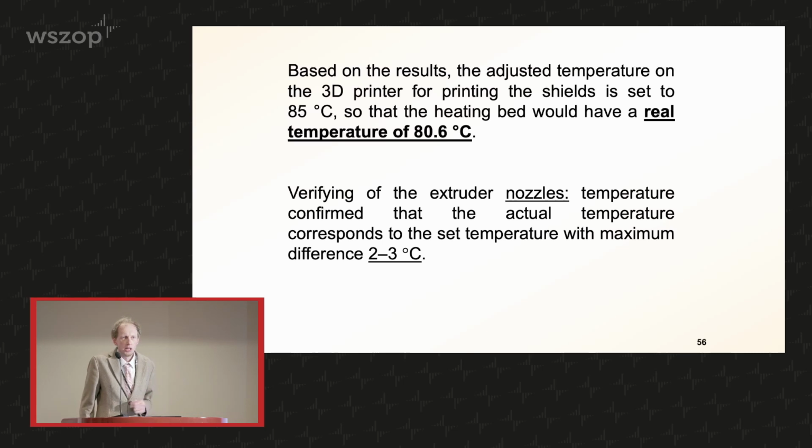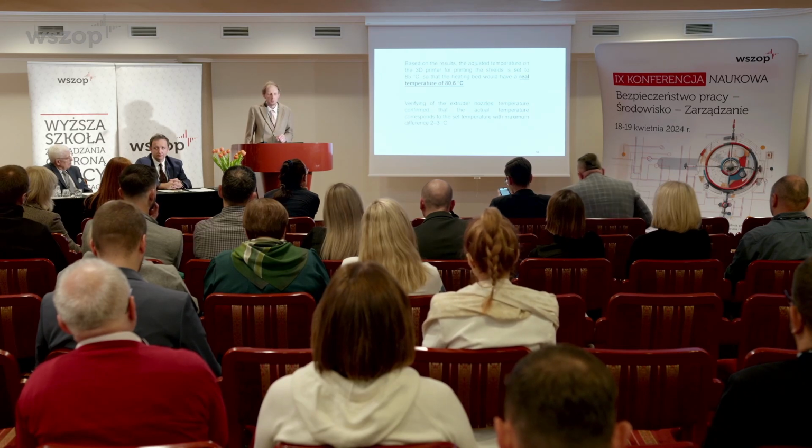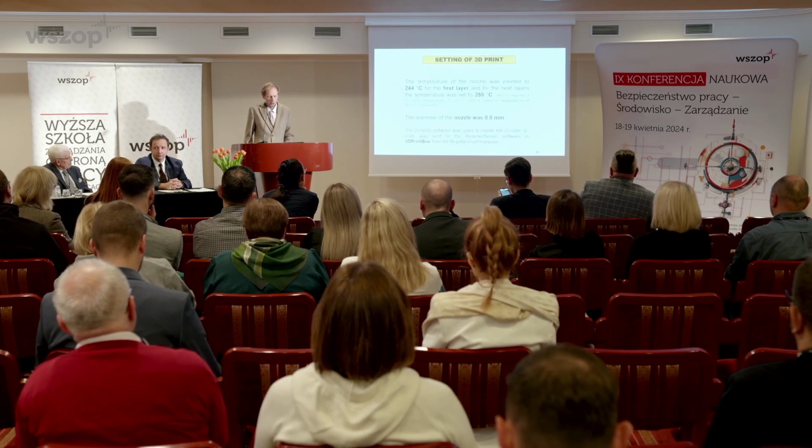This is optimum for obtaining high quality 3D products. And as a second step, I use the same verification analysis via thermal camera for nozzles. And for nozzles, it's very good because the maximum difference was only 2-3 degrees Celsius.